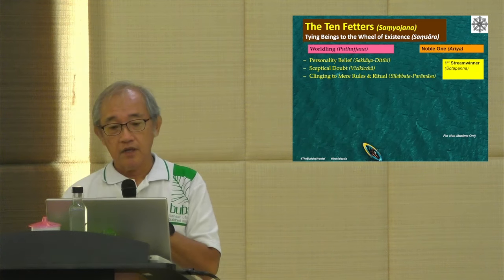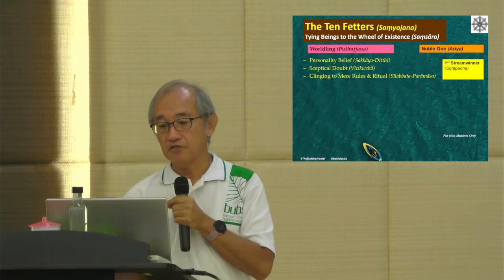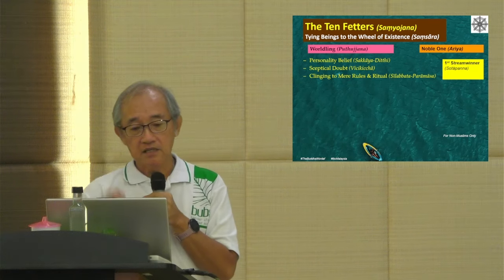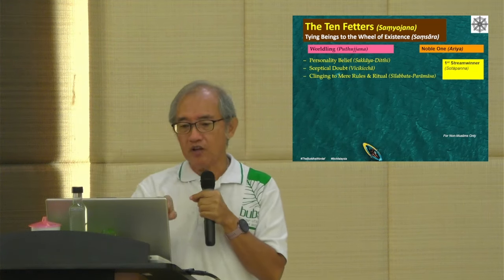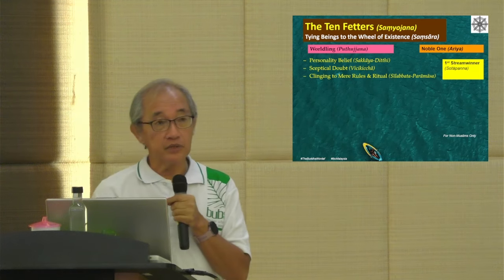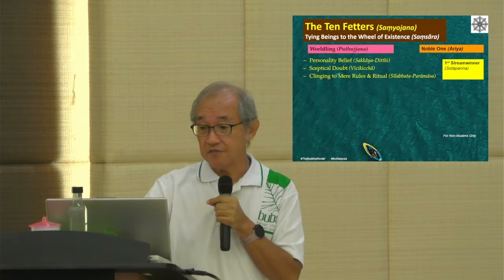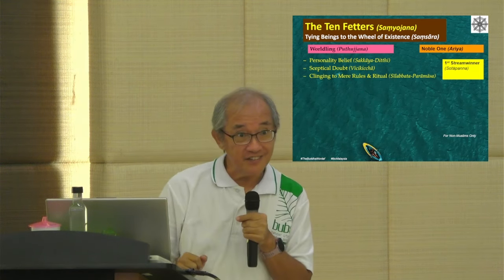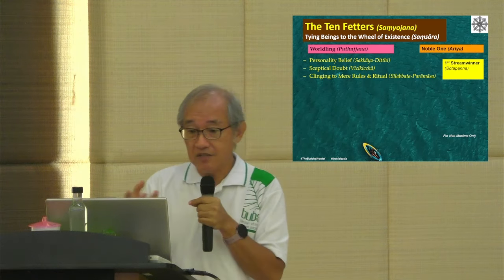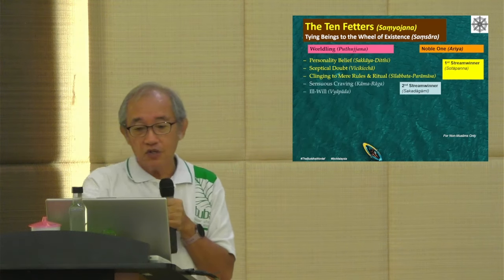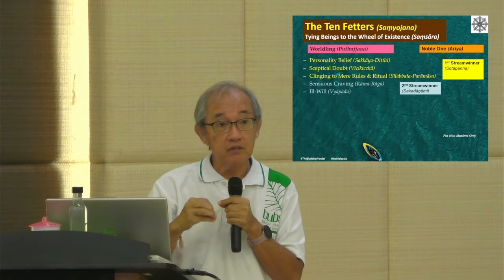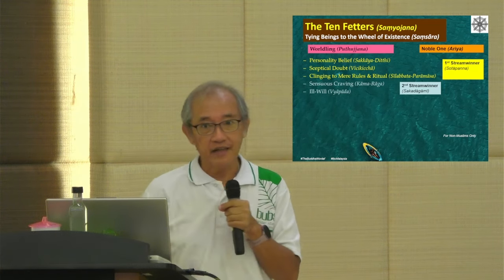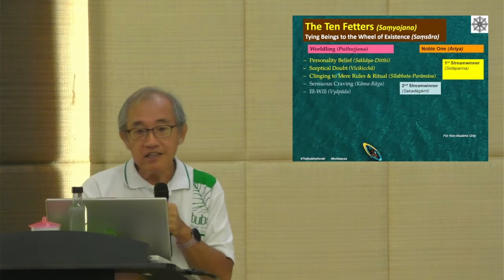And then the second stage, Sakadagami, is a person who has weakened the strength of sensuous craving and ill will. Even a Sotapanna, the first stage of sainthood, can still get angry. He's not fully enlightened yet. Why? He has not got rid of ill will. Even at the second stage of enlightenment, he has only weakened ill will. Ill will is the root of your anger management issues. Weakened, not eliminated.